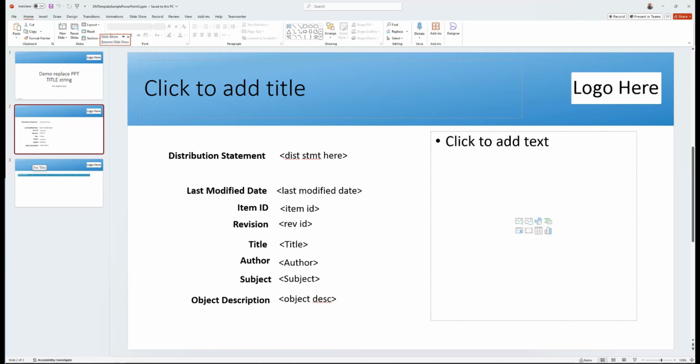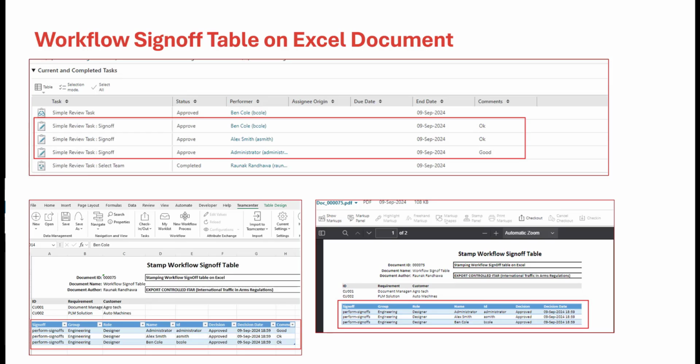So let's move forward and take a look at how we can stamp workflow sign-off tables on an Excel document. In some use cases, there might be the need to see the workflow sign-off table on the Excel itself and the PDF also. So in this example, we submitted this Excel document to a workflow where it required 3 approvals.